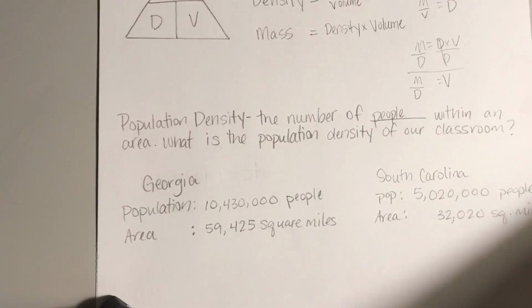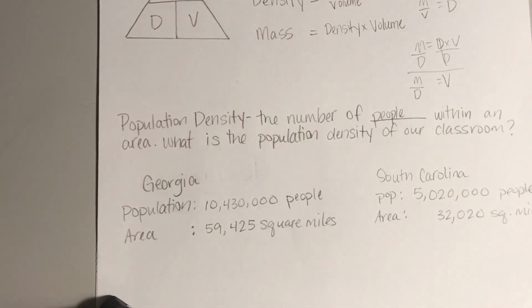So the more people, or objects, or particles within a space, the higher the density. Think of an elevator. If you're the only one on the elevator, it's not very dense, but the more people you add, the more mass, and so it gets more and more dense.